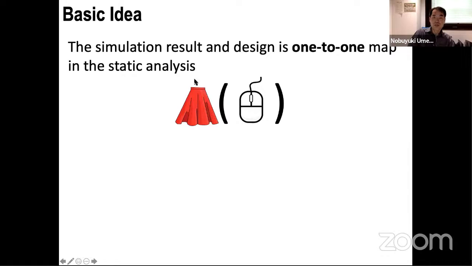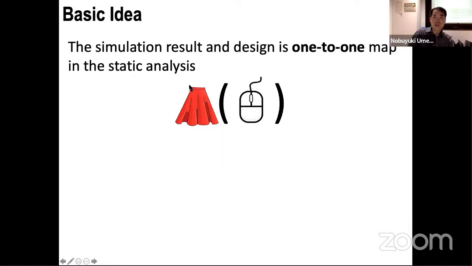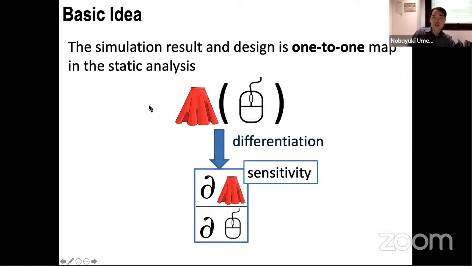We can think of the static clothing deformation as a function of the parameters that change the clothing pattern in 2D space. But this function is very difficult to evaluate. It takes time. So instead of evaluating this function, I compute the sensitivity, which is the differentiation of the static clothing position with respect to the parameters.